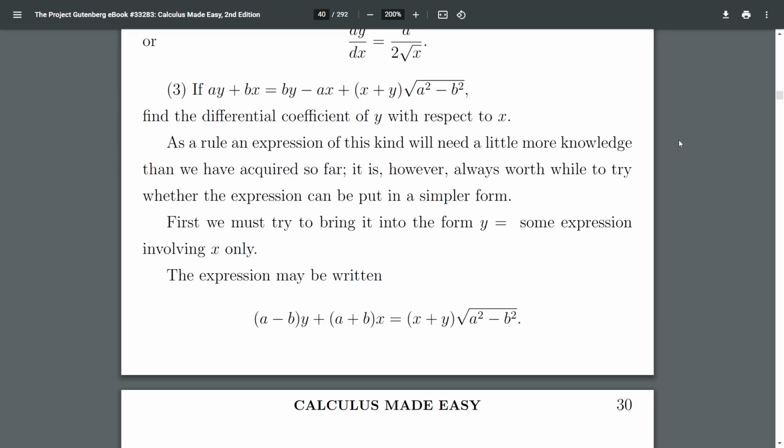The expression may be written (a minus b)y plus (a plus b)x is equal to x plus y square root of a squared minus b squared.